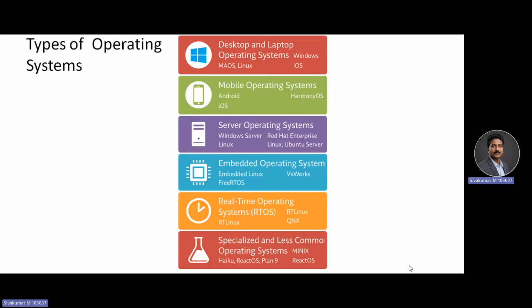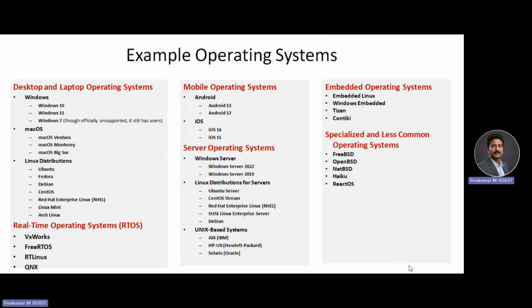We have Embedded Linux, VxWorks, FreeRTOS as some examples of embedded operating systems. RT Linux, QNX are examples of real-time operating systems. Then ReactOS, Plan 9, Haiku are examples of specialized and less common operating systems. This is the list of various operating system packages available for different types.